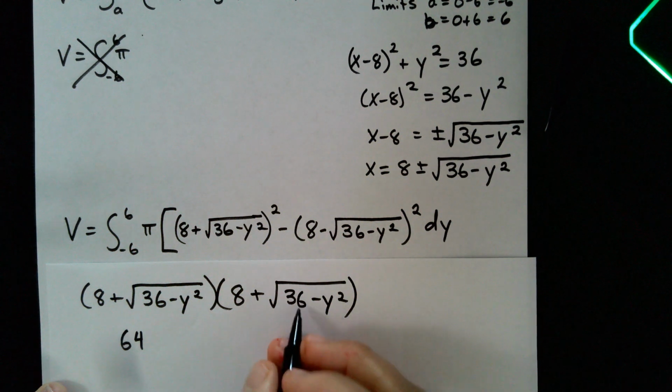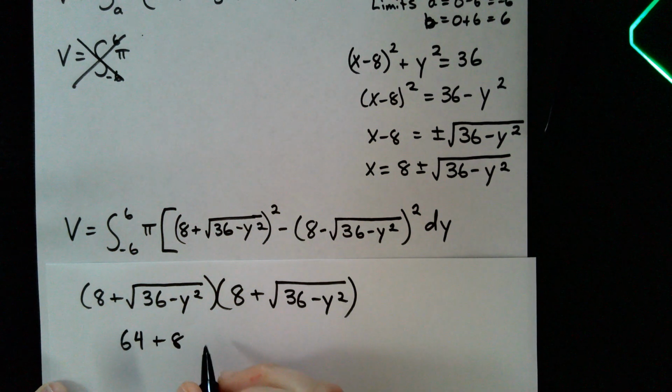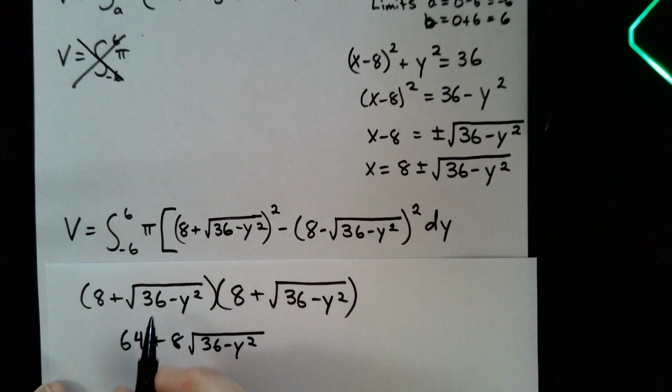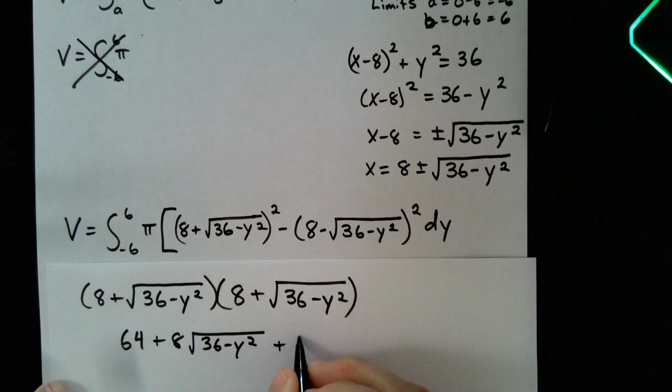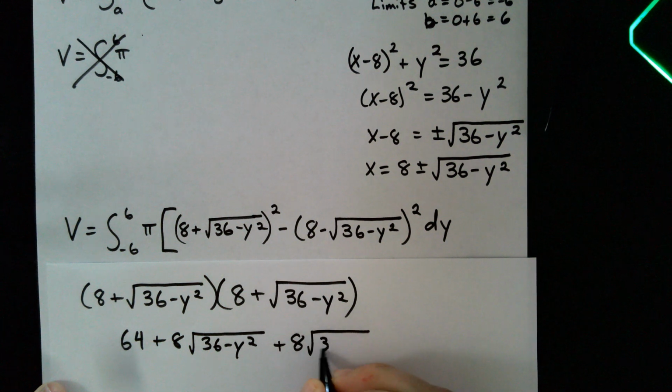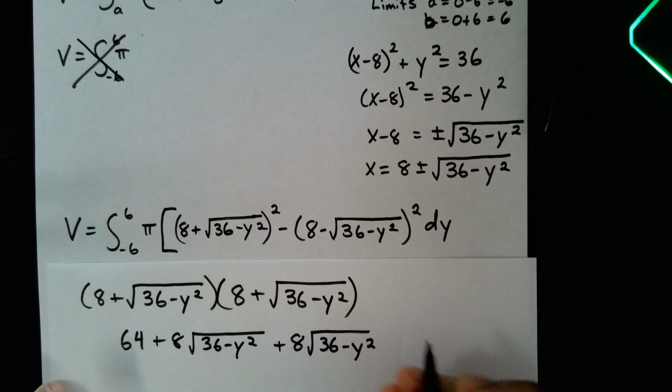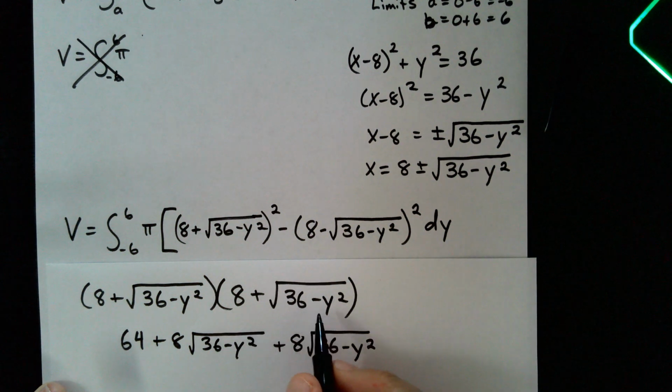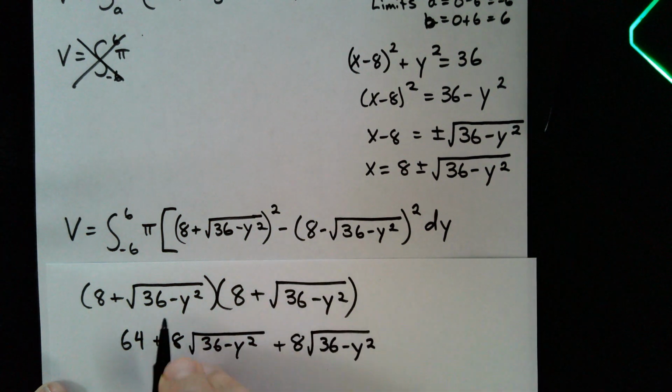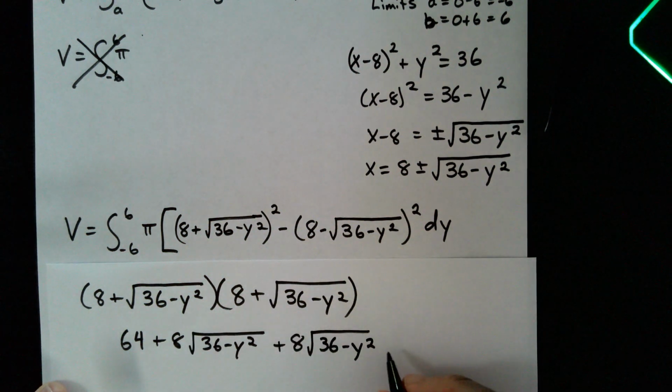The first term times that term is 8 times the square root of 36 minus y squared. And now this term times the 8, it's the same thing. And then the last one would be this one times this one, which just means the square root goes away, so plus 36 minus y squared.